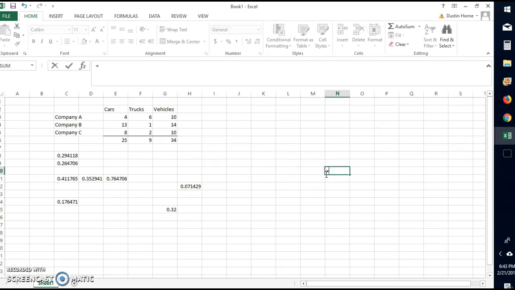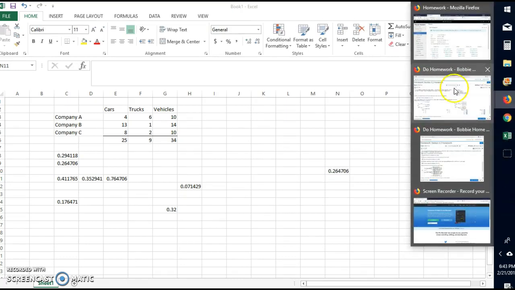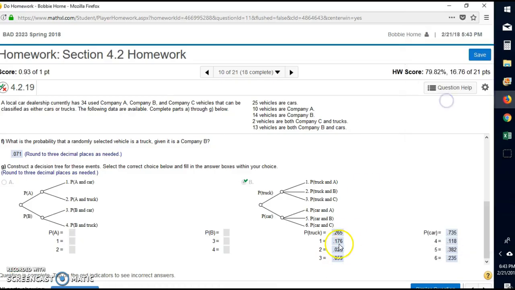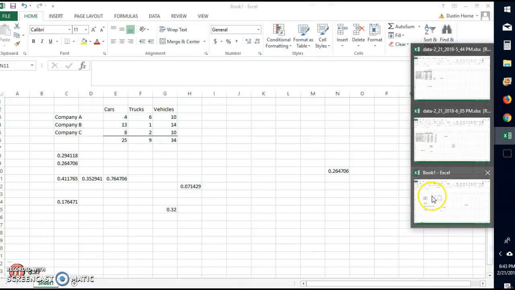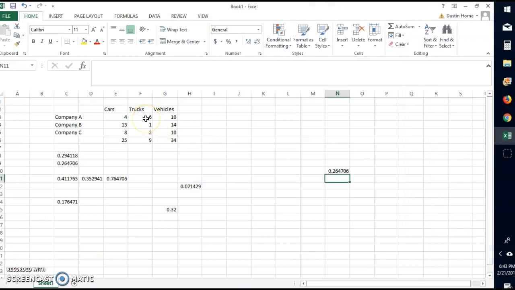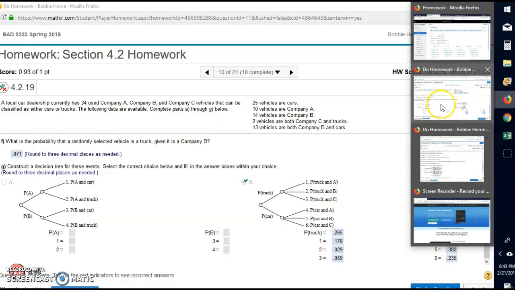So if you do 9 divided by 34, you get 0.265. That is where I got that. The probability that it is a truck and Company A is 6 out of 34, which would be 0.176.